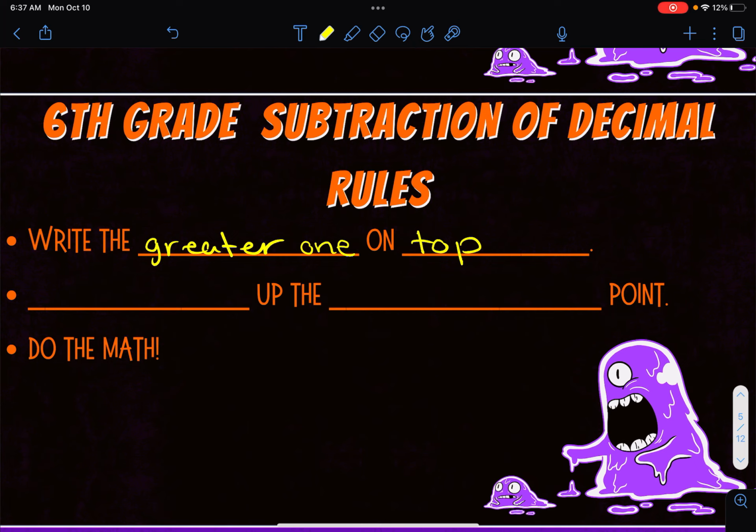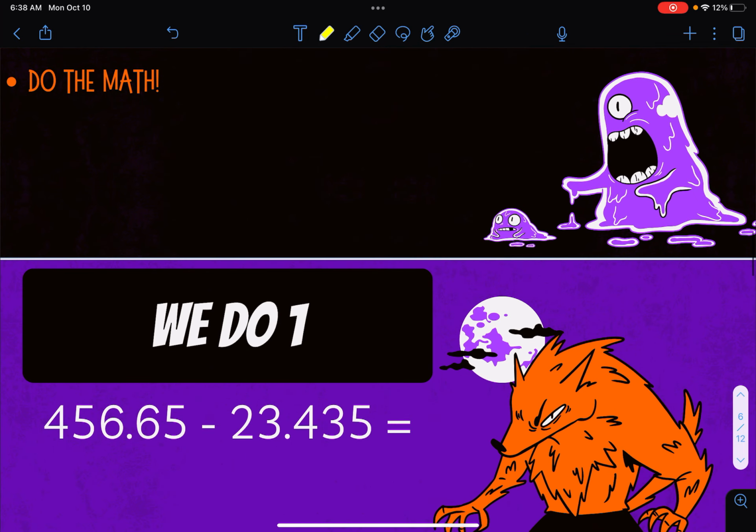And then what do you have to do with your decimal? You line up the decimal point, and then of course you do your math. So you would subtract. So when you're subtracting decimals, you write the greater one on top, and then line up the decimal and do the math.